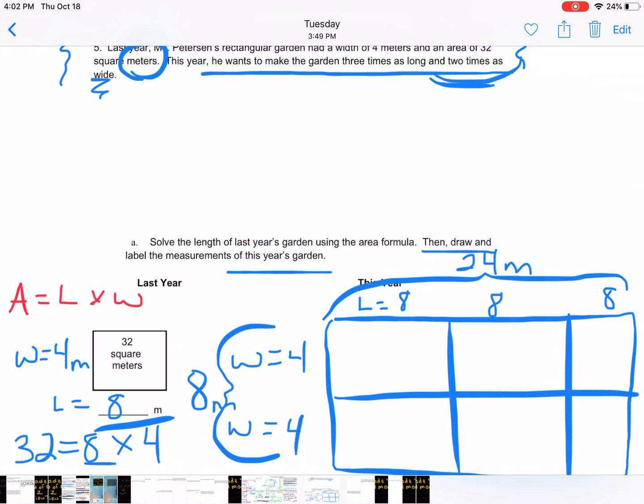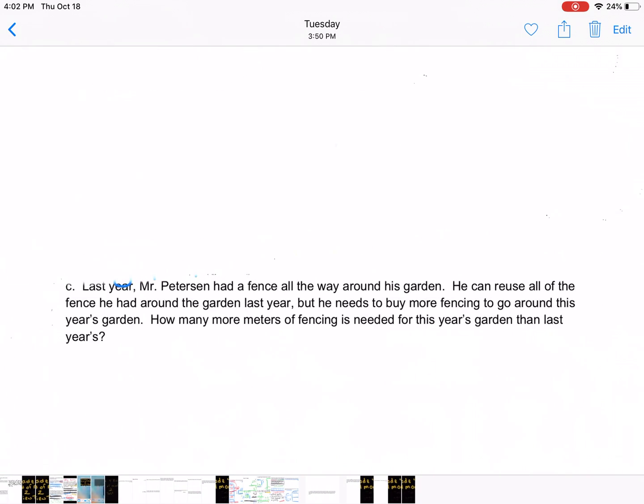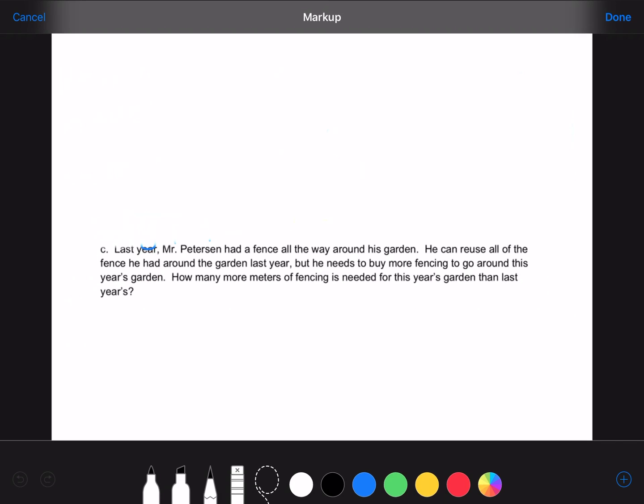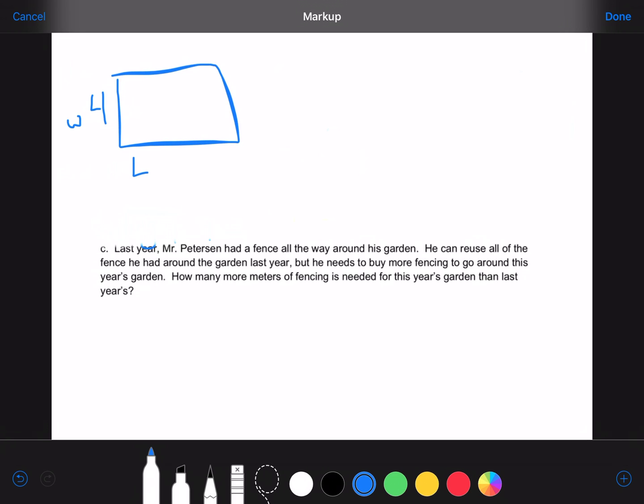So you have to start by remembering how big last year's garden was. So last year's was a width of 4 and a length of 8. So when I draw my new one, I'm going to put that on my paper so that I can see it. So we had a width of 4 and a length of 8 in last year's garden.